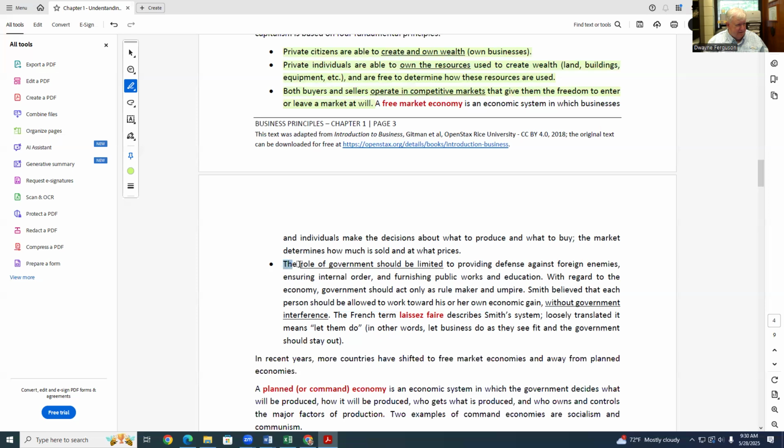So here's the main thing, really. The role of the government should be limited to providing defense against foreign enemies, ensuring internal order, furnishing public works, and education. So what does that mean? Well, our government in the United States does tax us, which has not been forever either. We've only been taxed for the last 100 years or so.